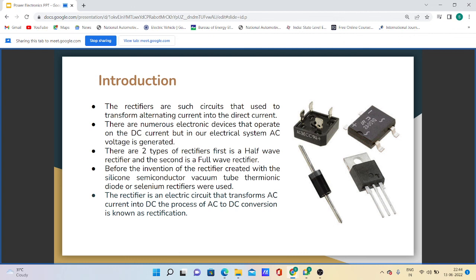Since it restricts the direction of current physically, rectifiers take a number of forms, including vacuum tube diodes, wet chemical cells, mercury arc valves, stacks of copper and selenium oxide plates, semiconductor diodes, silicon-controlled rectifier, and other silicon-based semiconductor switches.